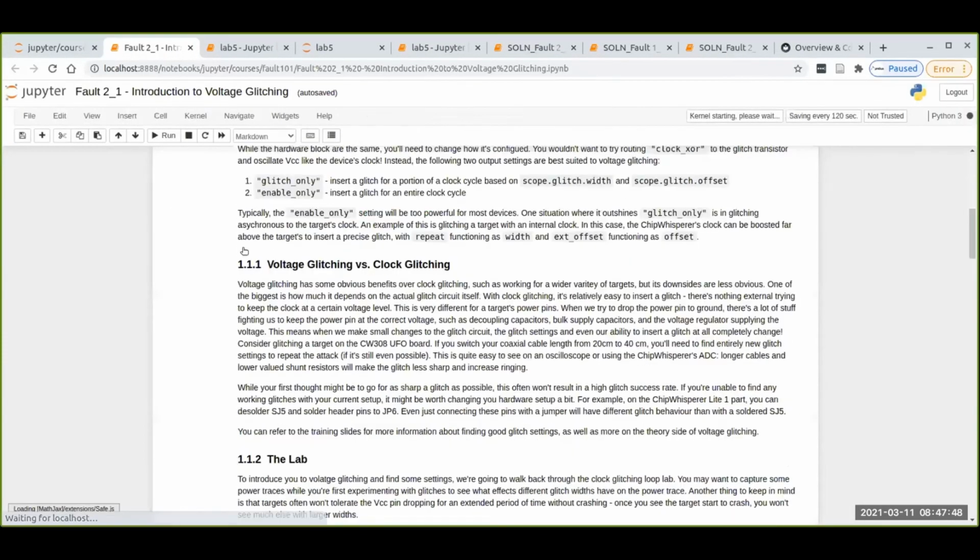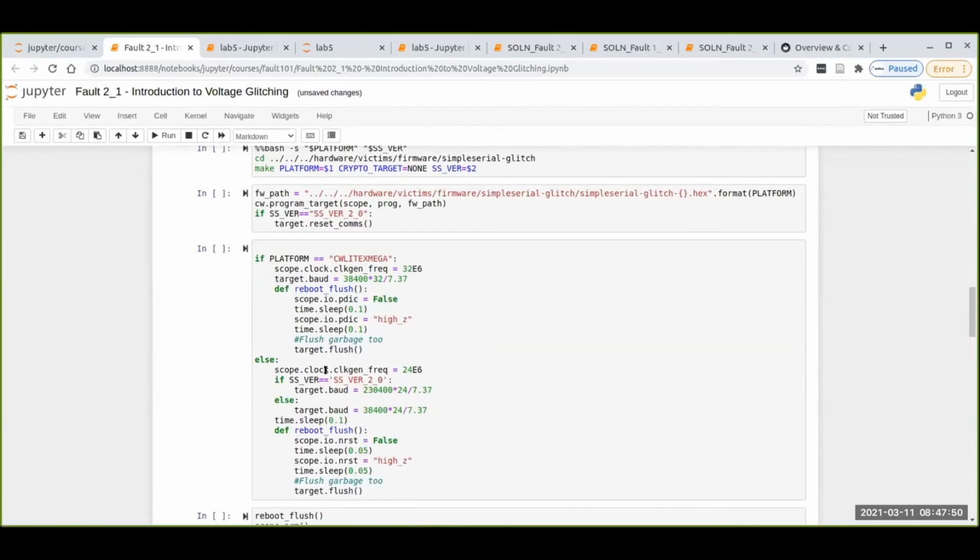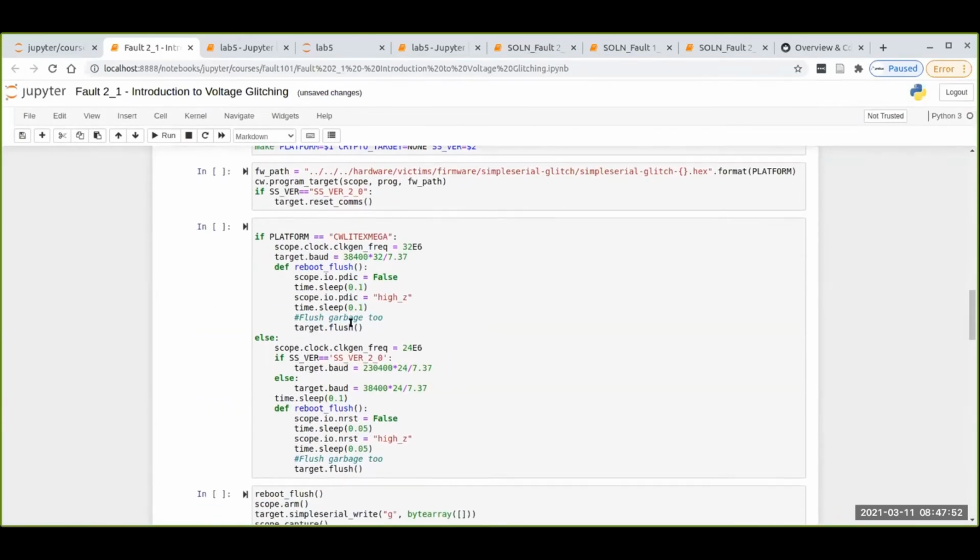On the original one, there was this if check that didn't work. So that's the first cell that broke for everybody, right?